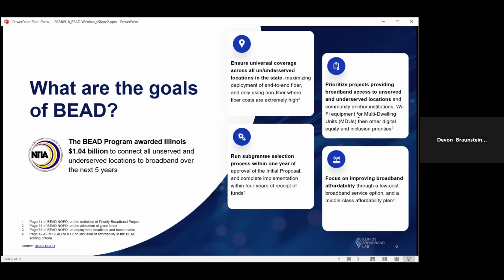We'll prioritize projects based on the need and classification of unserved, then underserved, then community anchor institutions. We'll run our sub-grantee selection process within 1 year of our initial proposal approval, which happened last June. Sub-grantees will then have 4 years to complete their deployments.